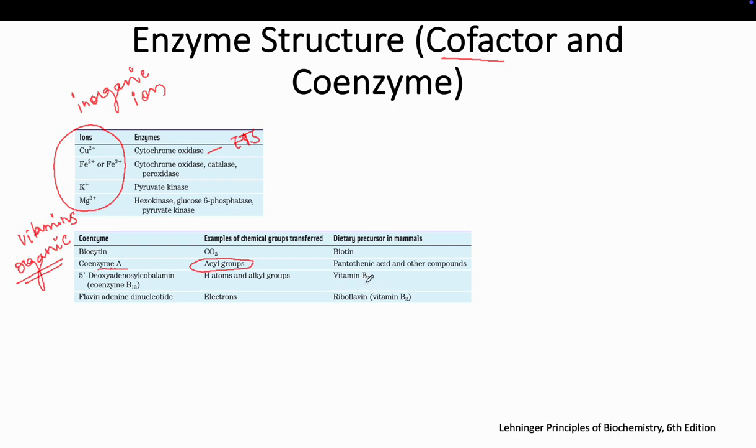Similarly, we have coenzymes derived from vitamin B12 and vitamin B2, okay. So mostly all the coenzymes are vitamins in nature, okay. They are derived from different vitamins, or they could be some vitamins, okay. So here directly vitamin B12 is used in the alkyl or hydrogen atom transfer in different reactions, okay.